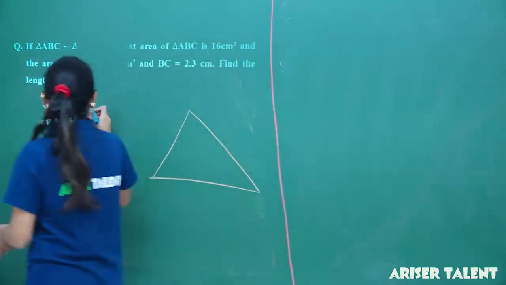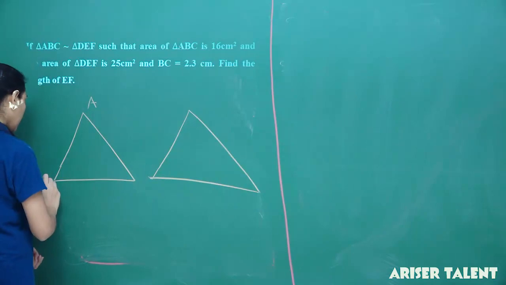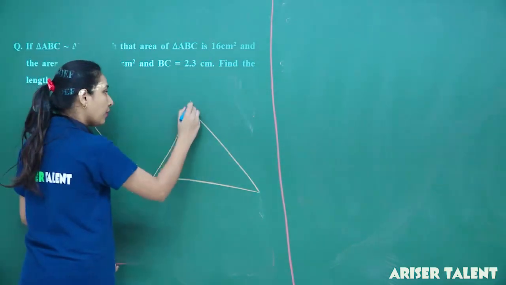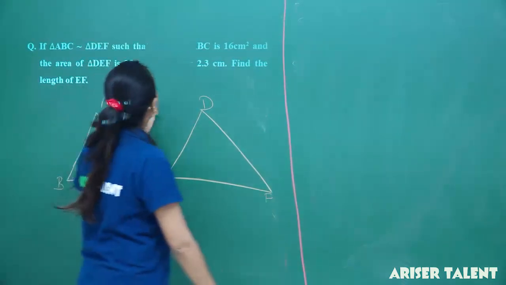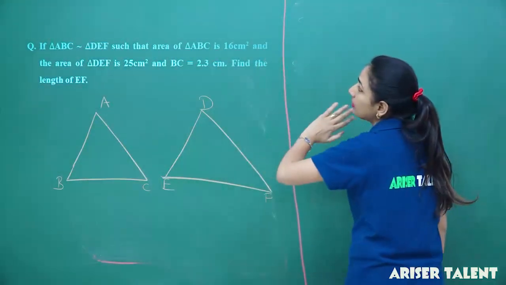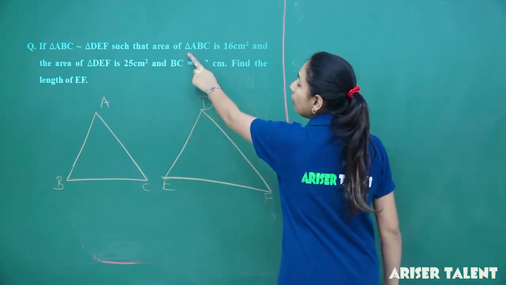So this is your triangle ABC and then again my favorite DEF. I know it's your favorite also. The area of triangle ABC is 16.